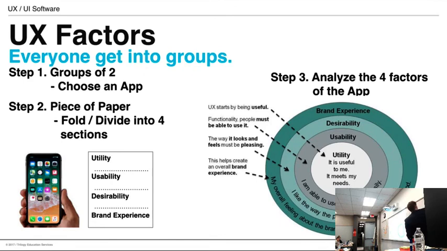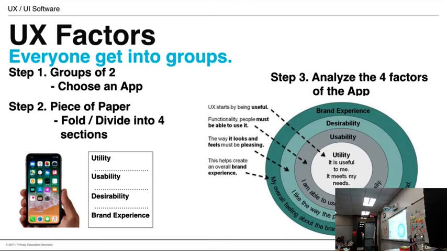WhatsApp. Maps. Amazon. What else? We chose Robinhood. Okay. YouTube. Okay. Anything else? LinkedIn.